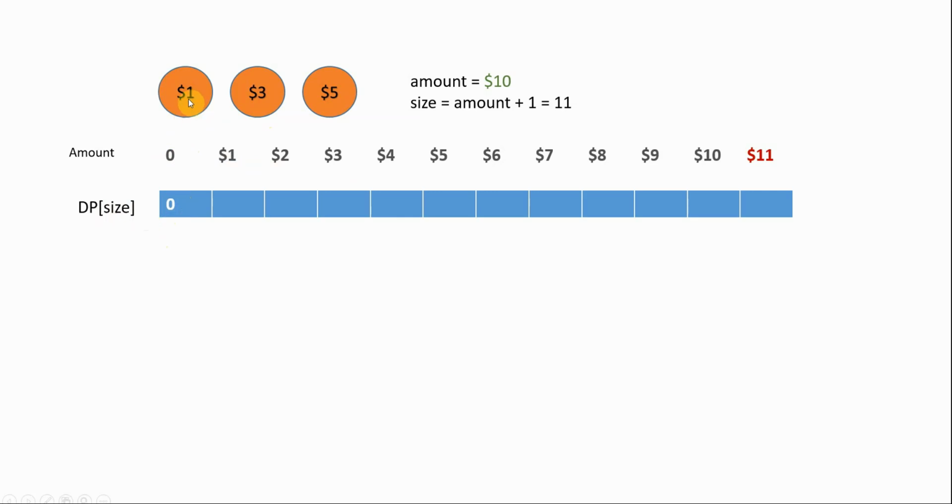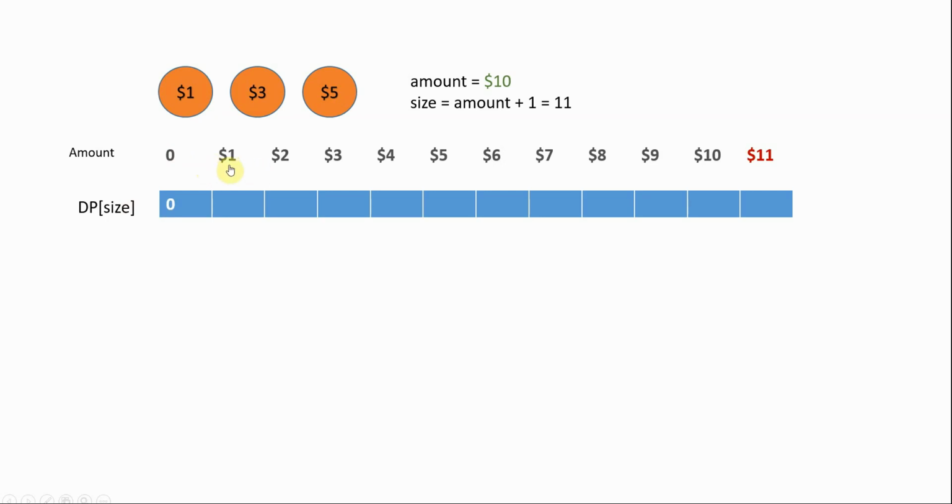And then what do we do? If that coin amount is less than the amount that we're trying to make, we can take that coin. And if we take that coin, then we subtract the amount of that coin from this dollar amount and then take the minimum number or the DP for that amount.